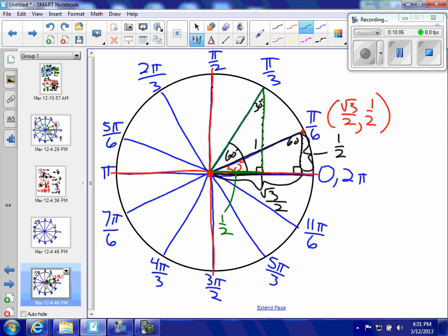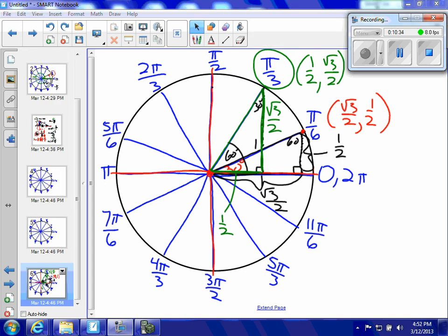And this distance here is radical 3/2. My x distance of this point is 1/2. And my y distance, going from bottom to top, is radical 3/2. Those are the coordinates of that point.